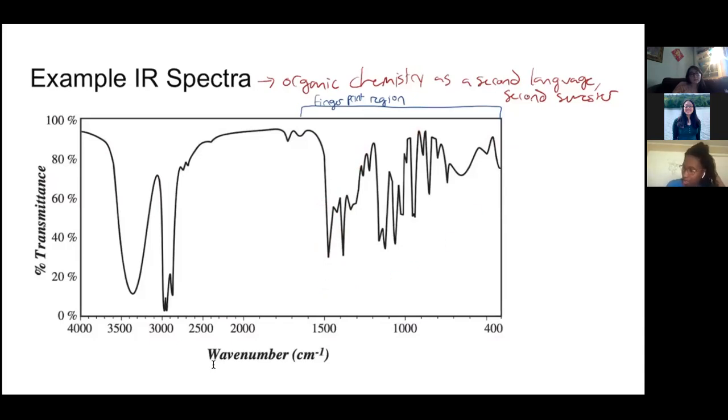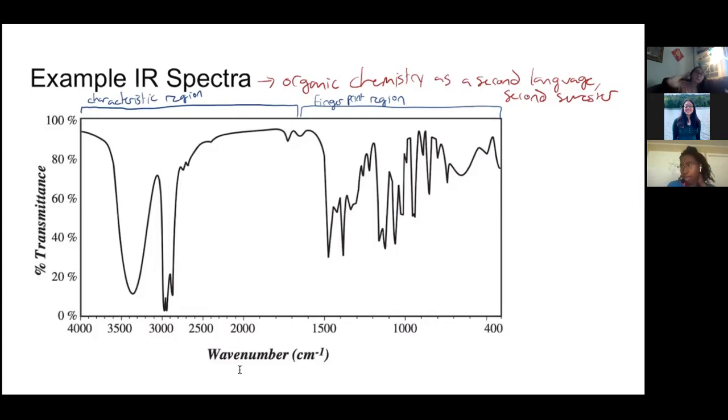However, you will want to pay a lot of attention to the characteristic region, which is 1600 wave numbers and up. In this region, this is where absorbances due to bonds stretching are recorded.